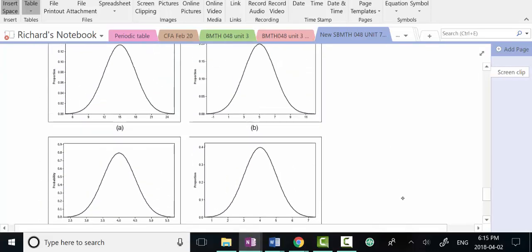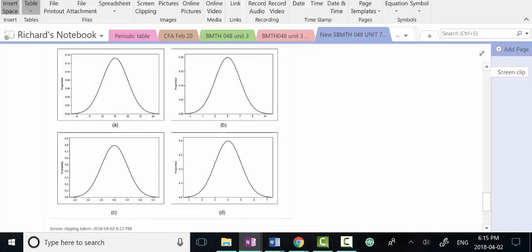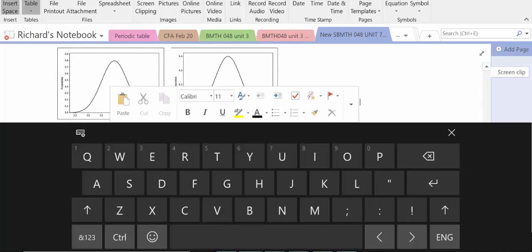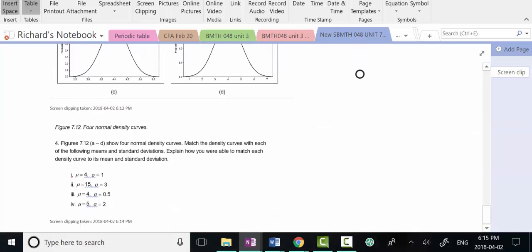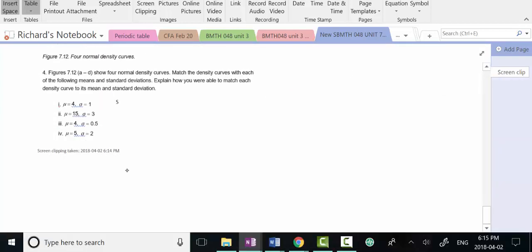Now we're going to look at some normal density curves, and these curves have slightly different shapes and different means. So our task is to do some matching. Here are some sets of information that we have to match with the curves.